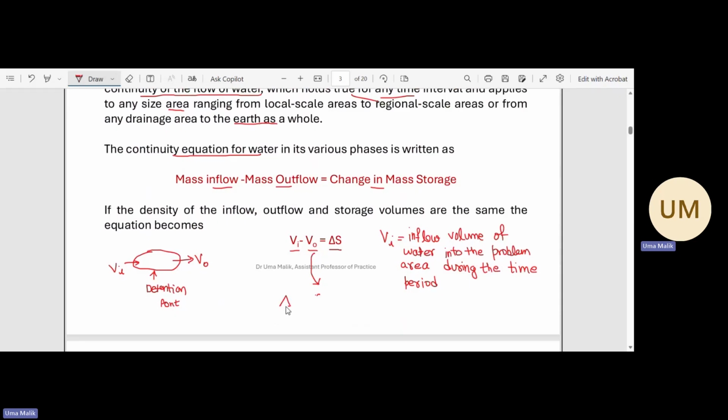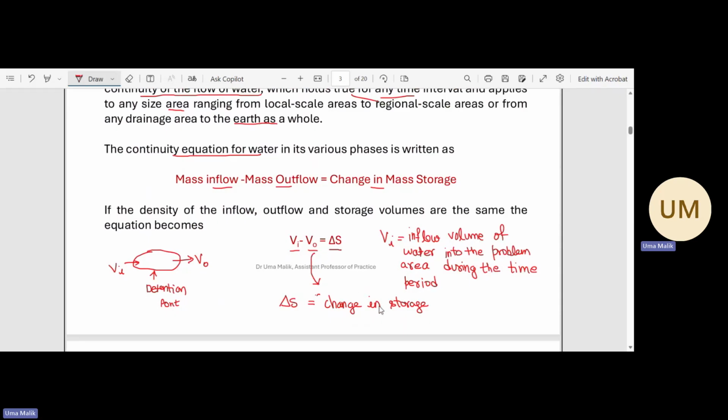And what is delta S? It is the change in storage. It is not mass storage because we are expressing it in terms of volume.